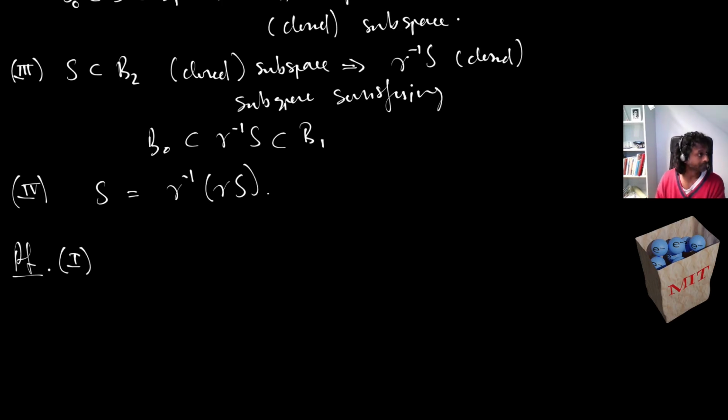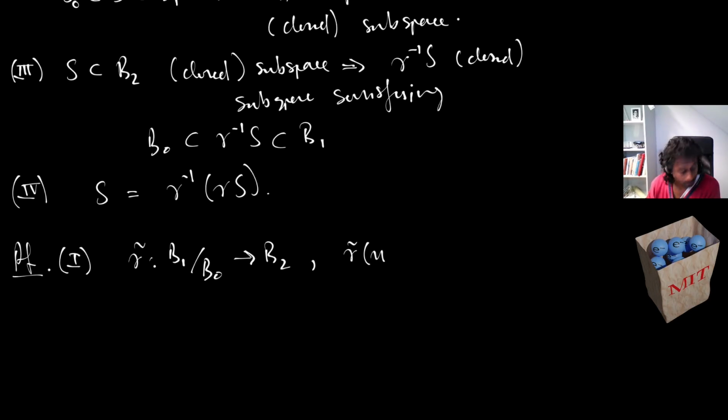So point number one. The induced gamma from B1 to B0 acting on B2. So how does this look? This gamma tilde of u plus b naught in the quotient map is just equal to gamma of u. Right? That's the action of the induced map.